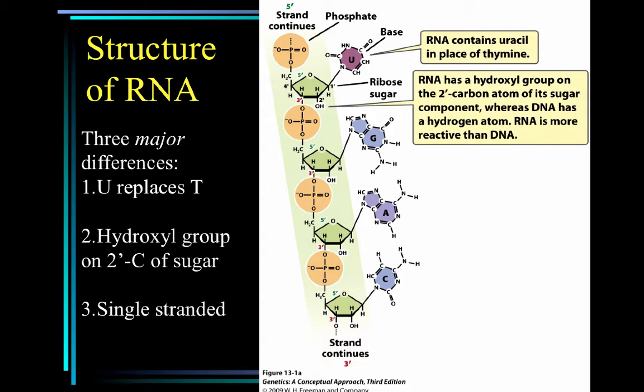You can see that 2' carbon here, and we looked at that difference between ribose and deoxyribose. So the sugar's changing as well as that uracil base. And finally, RNA is going to be single-stranded, not double-stranded like DNA. So three main differences between RNA and DNA: uracil replaces thymine in RNA, the hydroxyl group on the 2' sugar is present, and RNA is single-stranded.